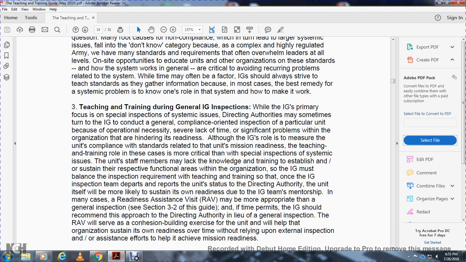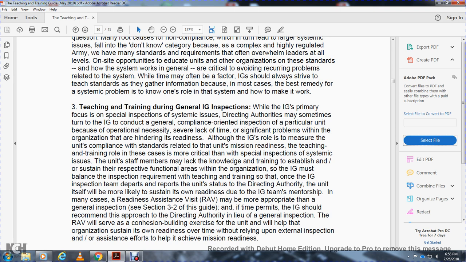The unit staff members may lack the knowledge and training to establish and sustain their respective functional areas, so the Inspector General must be bound by the inspection requirement of teaching and training, so that once the Inspector General inspection team departs and reports the unit status, the directing authority and the unit itself will be more likely to sustain their own readiness due to the Inspector General team's involvement.